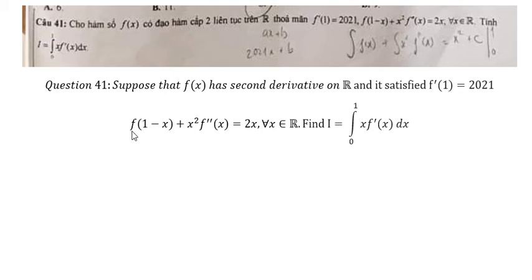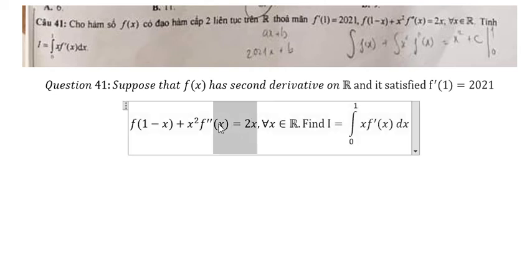We have f of 1 minus x plus x squared, and we have second derivative of the function f of x equals to 2x, for all values of x belonging to the real numbers. Find I equal to the integral from 0 to 1 of x multiplied with first derivative of the function f of x dx. So now I will show you the technique for how to answer the question.